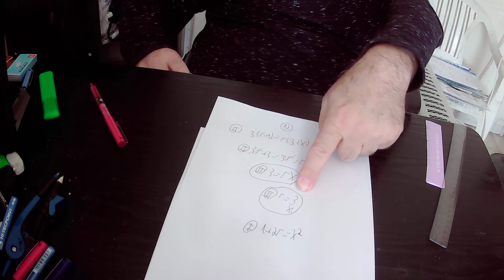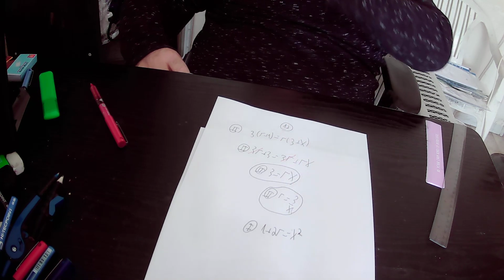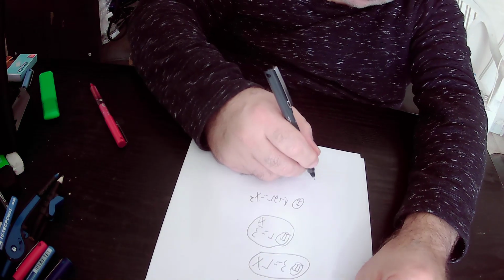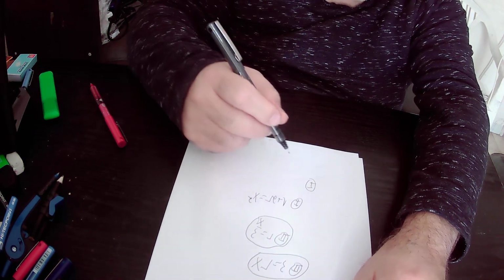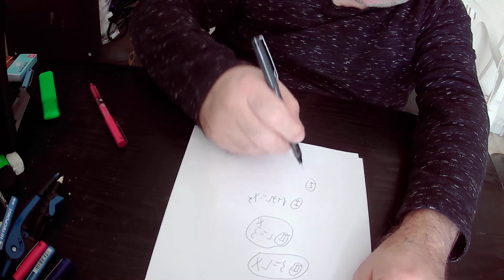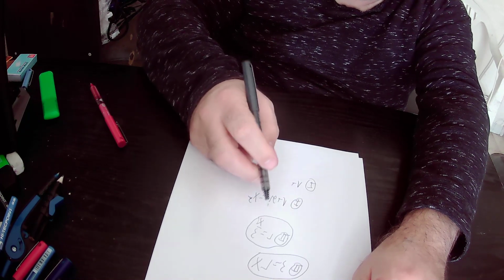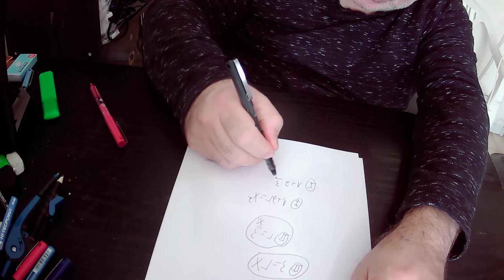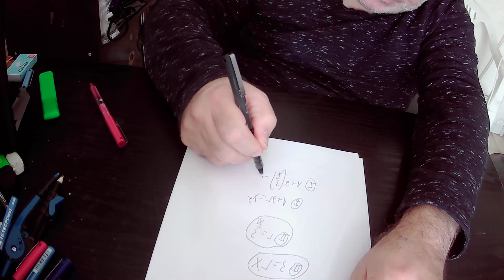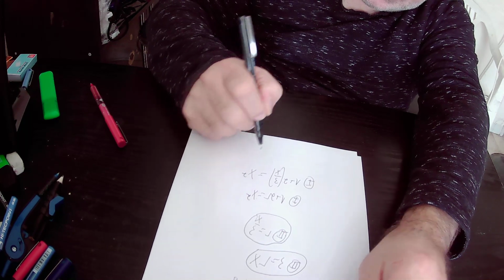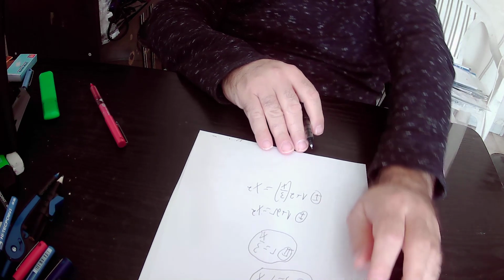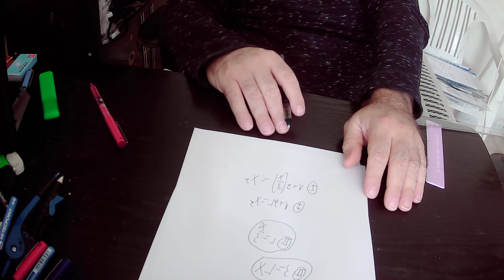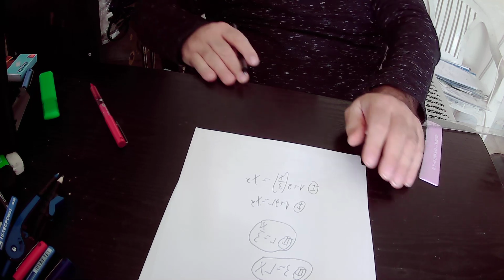So we get that 1 plus 2 times 3 over x equals x squared. 2 times 3 is 6.